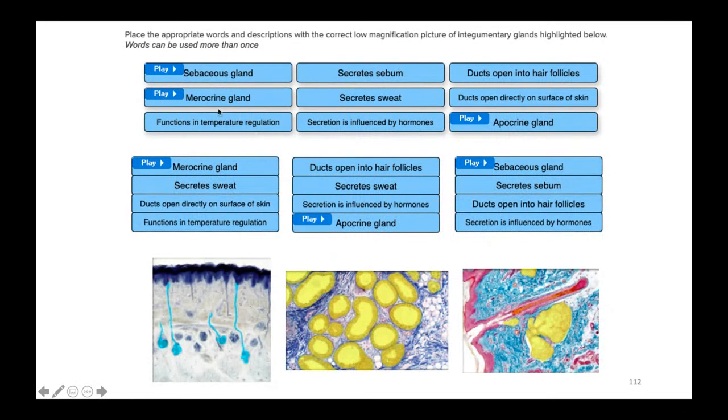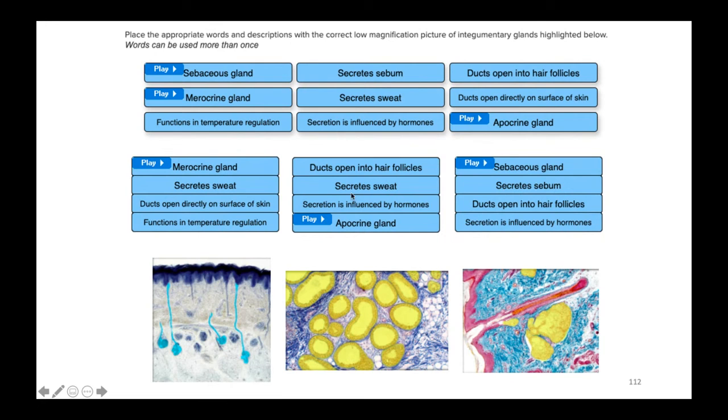Now this is going to be drag and drop to what you see in the highlighted sections. So on this side here, we could see the merocrine gland. We could see eccrine sweat gland. We can see the duct as it opens directly to the skin surface, and the function is in temperature regulation.